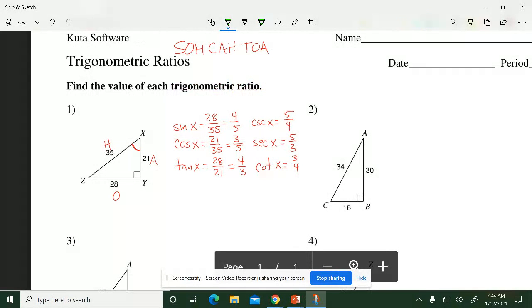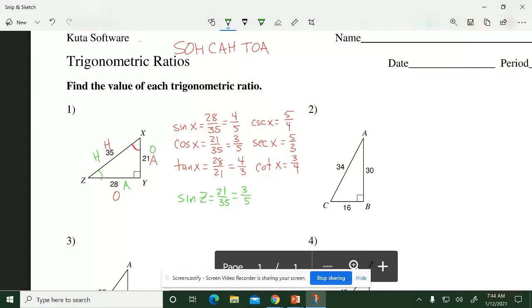Angle Z, now we're going to go over here. So our hypotenuse stays the same, but now the opposite and the adjacent switch. So our sine of Z is opposite over hypotenuse. So this time it's going to be 21 over 35, which is 3/5. The nice thing is these fractions keep coming up.